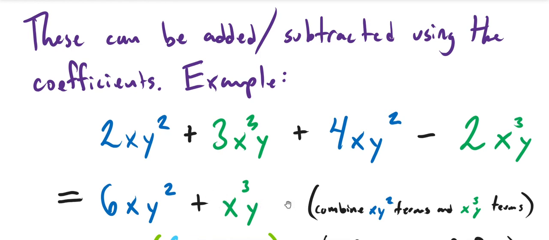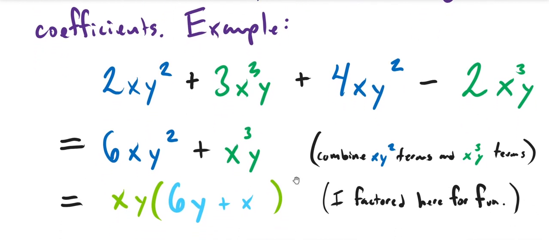Minus 2, that's 1. And so this says 1 x to the third, y to the first. The 1 is both invisible in the exponent here and as a coefficient here. We generally don't write to the first power in the exponent, and we generally don't write times 1 up front as a coefficient. Now that's combining the terms.